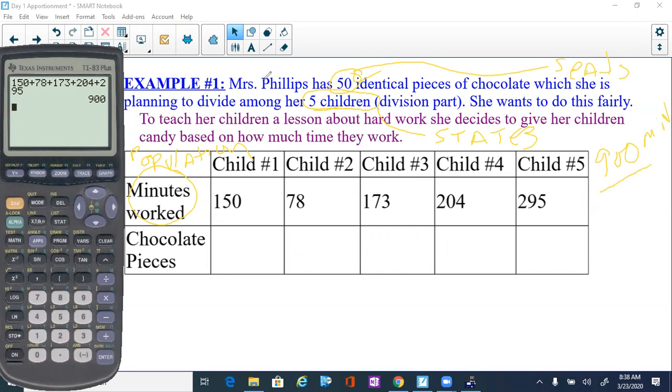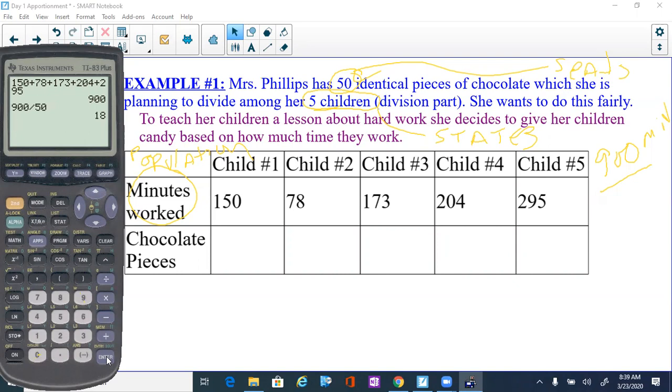Okay. The next thing that I'm going to do is, well, if there's 900 total minutes worked, I'm going to find out how much each one of those minutes is worth per chocolate. So I'm going to take that 900 and I'm going to divide it by 50 pieces of chocolate.